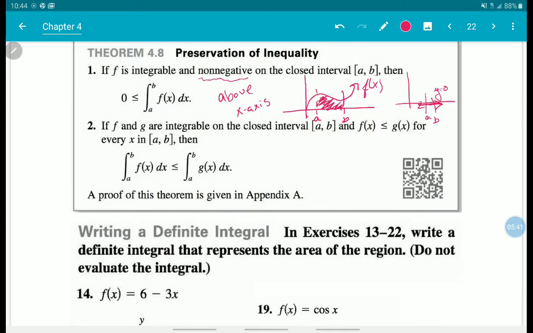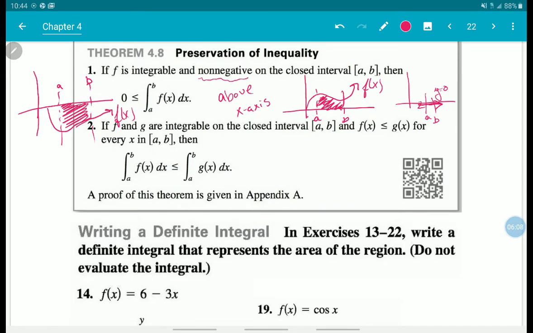So that leads us to talk about what happens if this function is below the x-axis. So if the function lives below the x-axis, maybe we have something that's doing something like this, from A to B. By area under the curve, we always mean the area between the x-axis and the function.